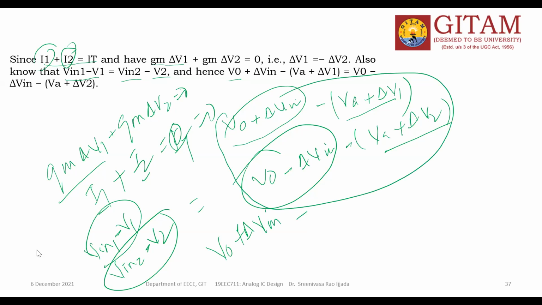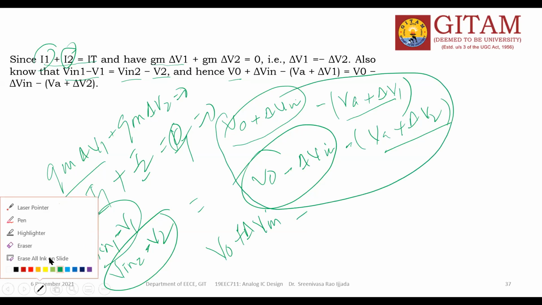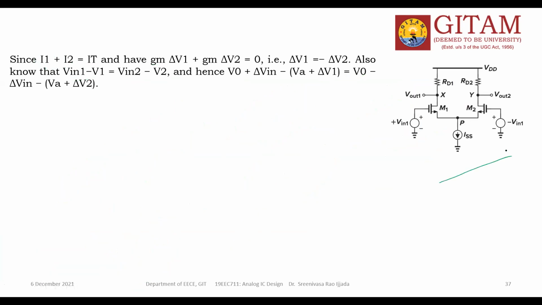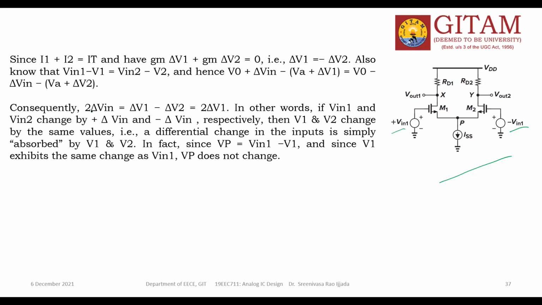Take this one picture. This is the plus V in 1 minus V in 1. Okay, so this is the original circuit, of course. From this, take this entire equation, then separate the terms.